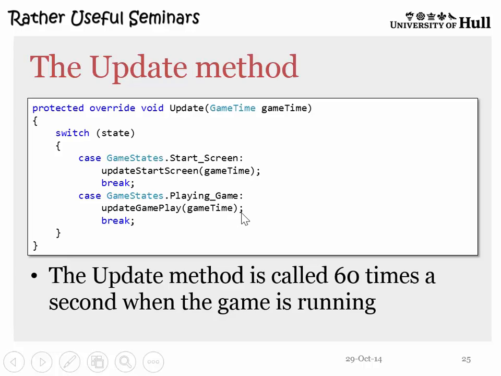You may not have seen switches yet, but a switch is basically a way in which I can pick a behavior based on the value of a particular variable. So this thing here has got two possible values. If I wanted to have a high score table, I'd make a game state called showing high score and then have an update in there for showing high score. Does that make sense?